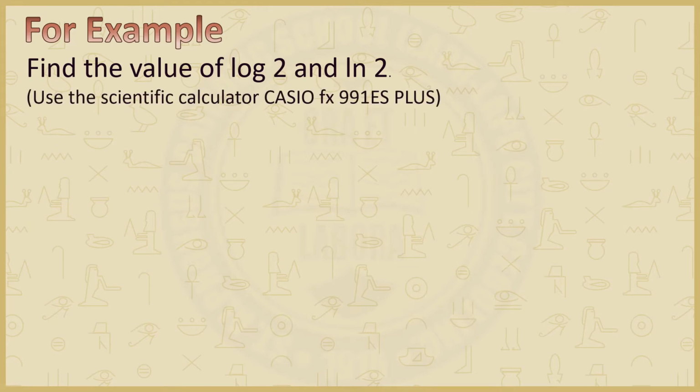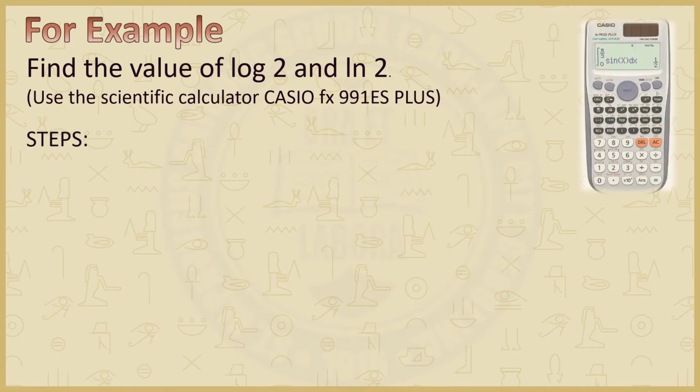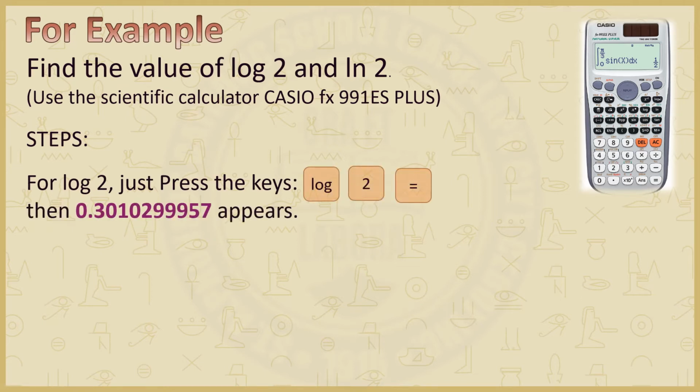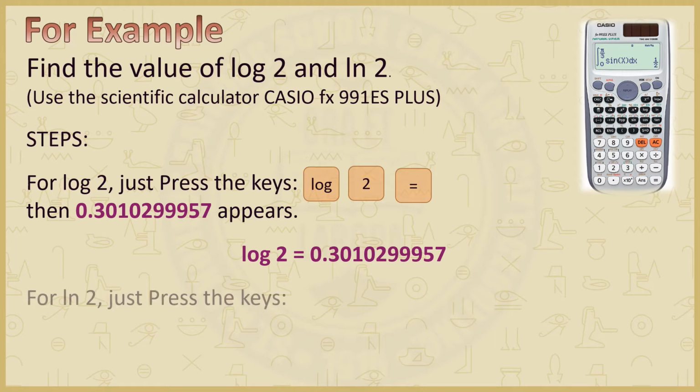To find the value of the common logarithm of 2 and the natural logarithm of 2, we will use the scientific calculator with this brand. For non-users of this, just discover the functions of your calculator. Here are the steps. For the common logarithm of 2, just press the keys log 2 equals, and the answer will be 0.3010299957.